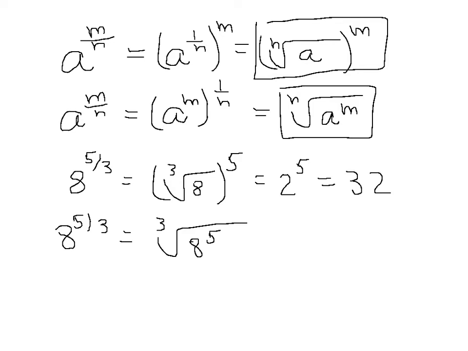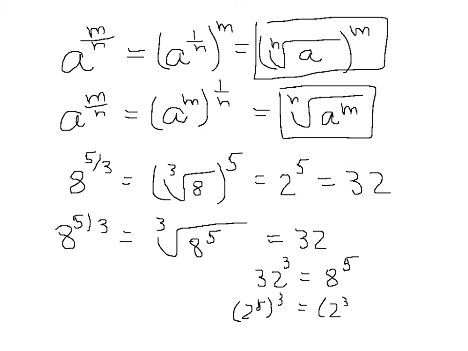I have no idea what 8 to the 5th is, but I do know that if I figured out what it is, the cube root would be 32. What that means is 32 cubed is the same as 8 to the 5th. And you should be able to show why that's true. 32 is 2 to the 5th, cubed. 8 is 2 cubed, to the 5th, and when we multiply those exponents, we get the same number.